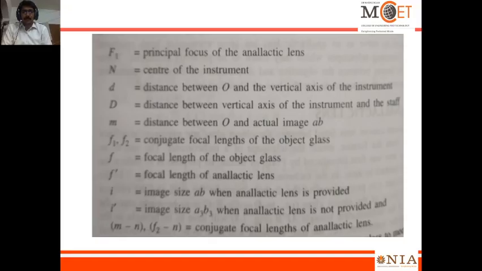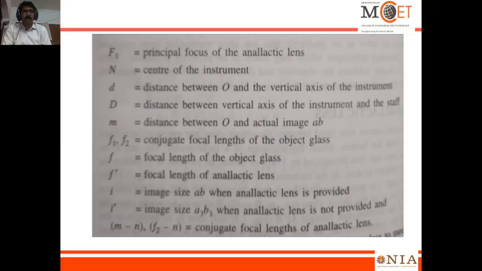Before going to the problem, these are the terms available. Principal focus of the anallactic lens. N is the center of the instrument. Small d is the distance between O and the vertical axis of the instrument. D is the distance between the vertical axis of the instrument and the staff. M is the distance between O and the actual image AB.